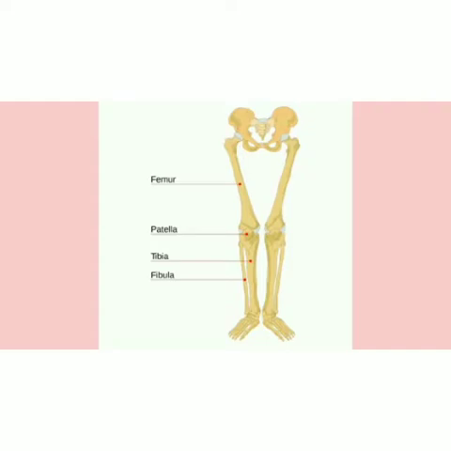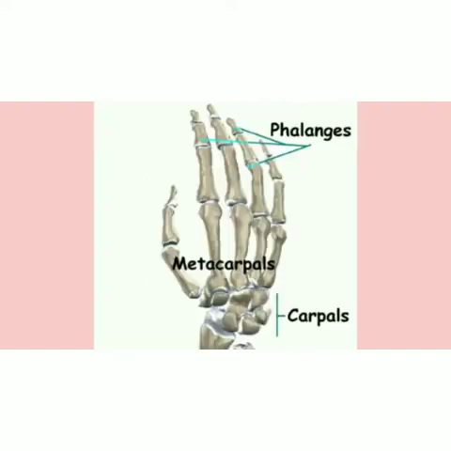Okay, next one is the pelvis. Pelvis is nothing but the hip. Like the shoulder blade, we have a ring-like or bowl-like structure in the hip region, which we call the pelvis. This is attached with the thigh bone, namely femur. The name of the thigh bone is called what?